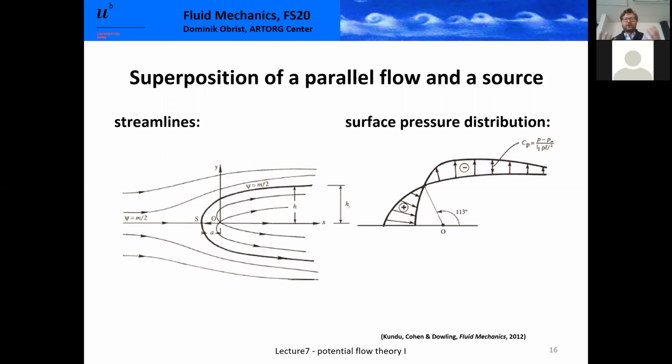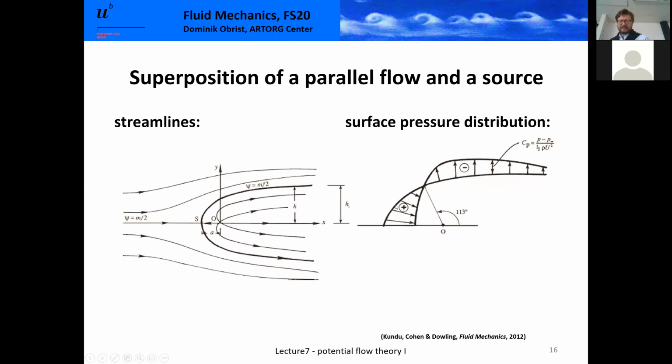You remember from Bernoulli that if the velocity increases, the pressure will go down and vice versa. So we compute the velocity, and from the velocity we compute the pressure, so we can determine the pressure on the surface of that object. And that's the sketch on the right-hand side.